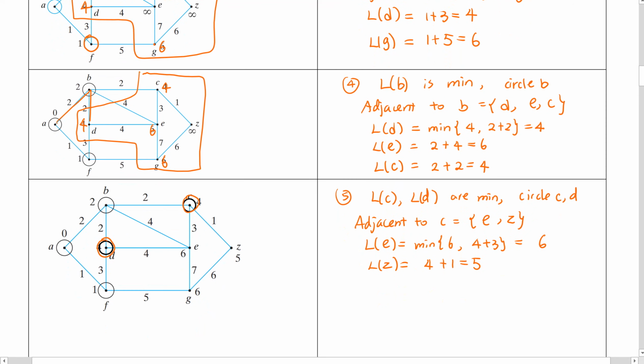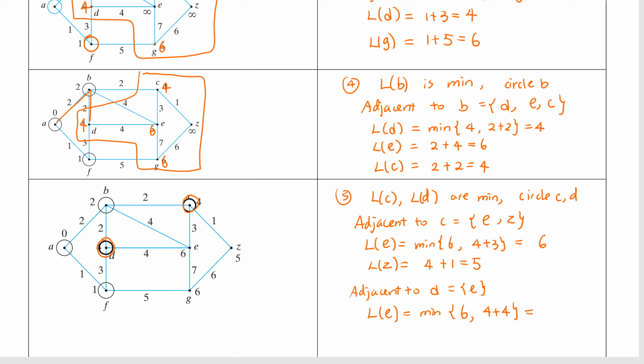Okay, and we also need to look at adjacent to D. So adjacent to D, we have just E, right? And then LE is what we have for now, the 6. And then when we go through the D, we have 4 plus 4. Oh, that's 8.